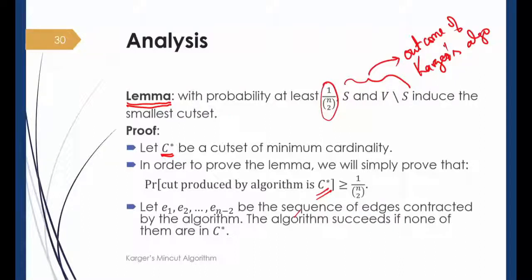Well, if all of these edges that were picked for contraction missed C star, then what we will be left with at the end is going to be C star. Another way of stating this is, as the algorithm progresses, if we pick an edge and it happens to be an edge in this cut set C star, then the algorithm is going to fail.